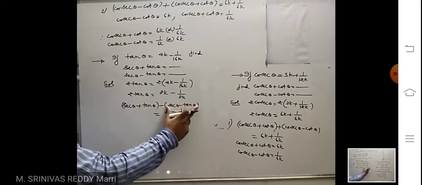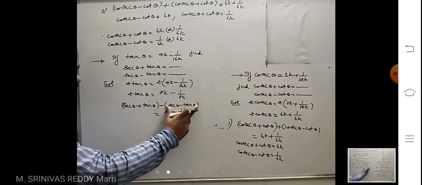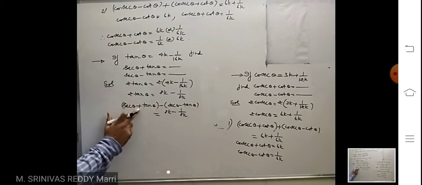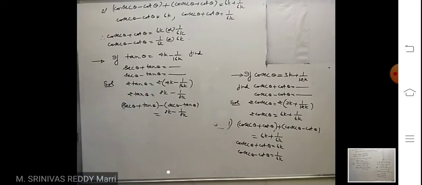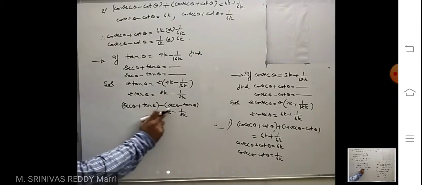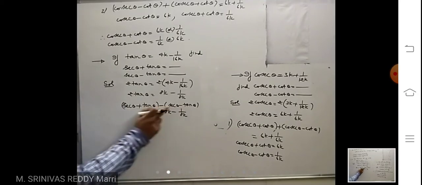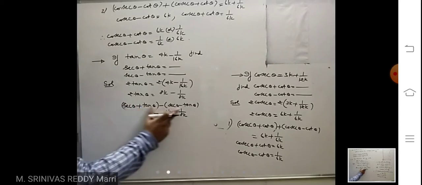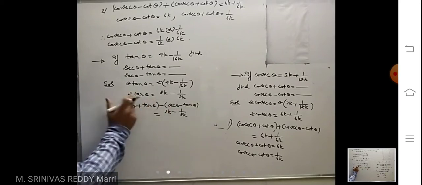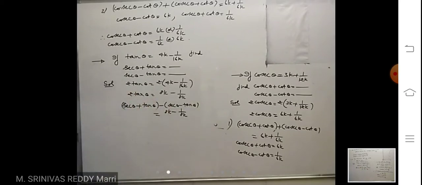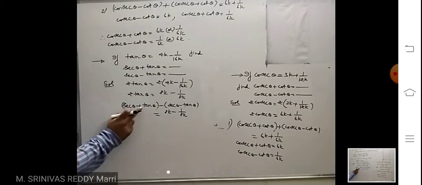This minus this is only 2 tan theta. You cannot write secant theta minus tan theta minus secant theta plus tan theta. That will be minus 2 tan theta. Only in one way only you can write.